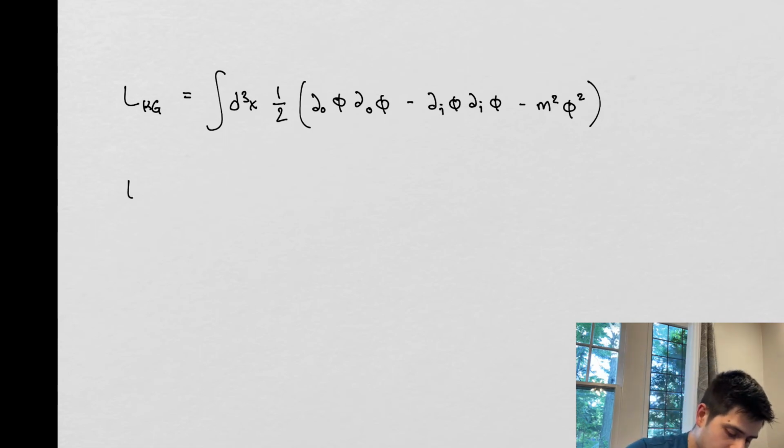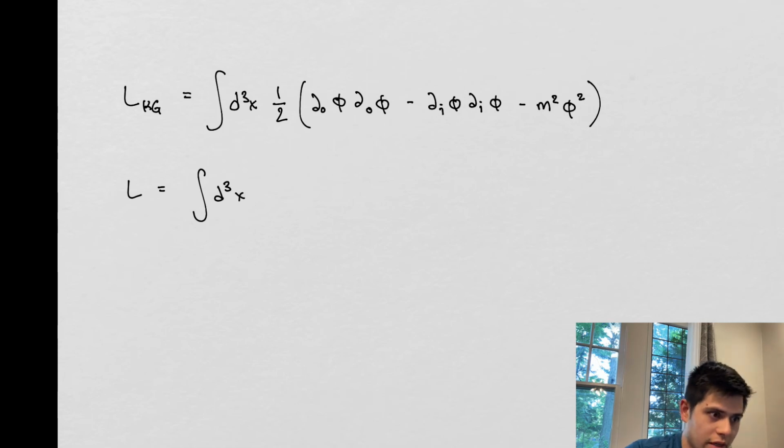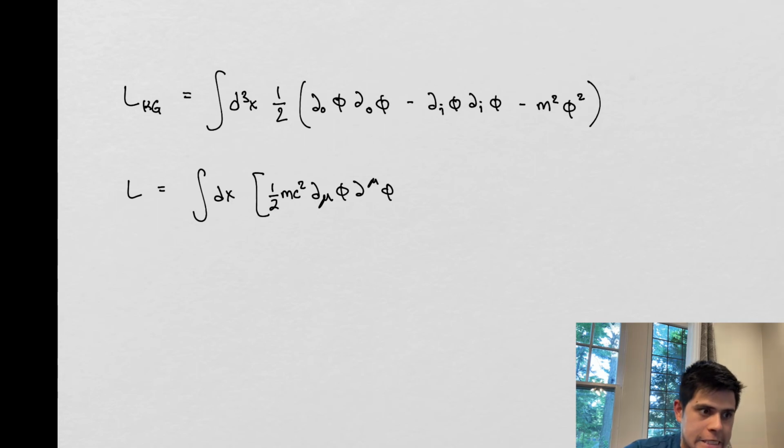And we were able to realize that this was roughly analogous to something that looked like this, where we have 1/2 d mu phi d mu phi minus 1/2 m squared phi squared, or 1/2 k phi squared, that's like this.